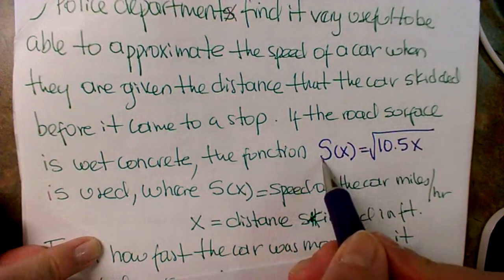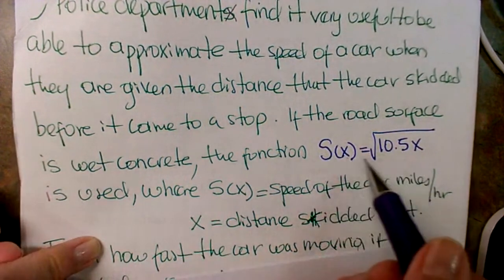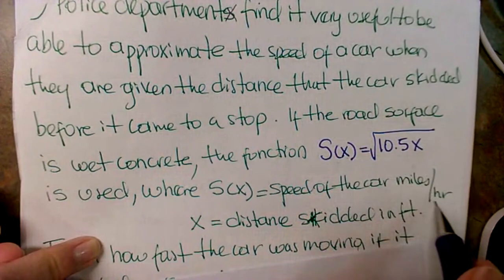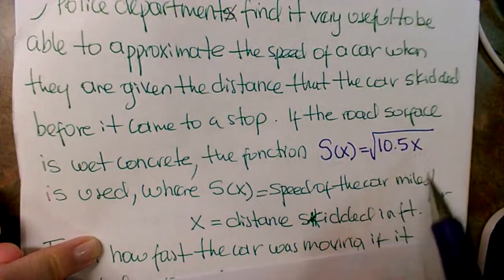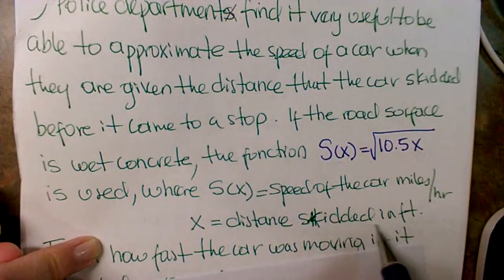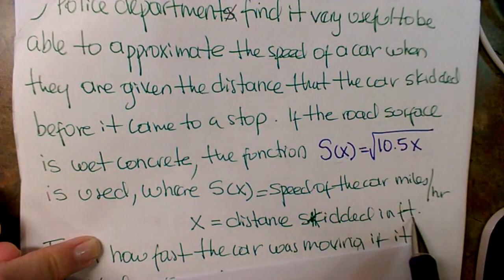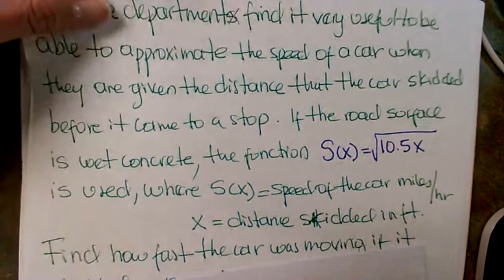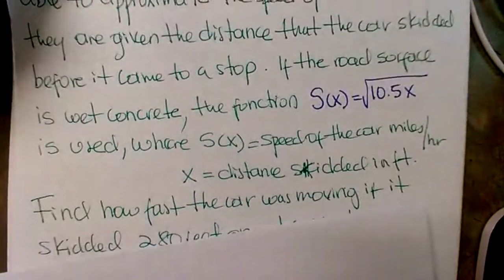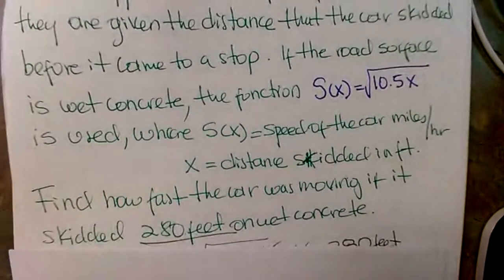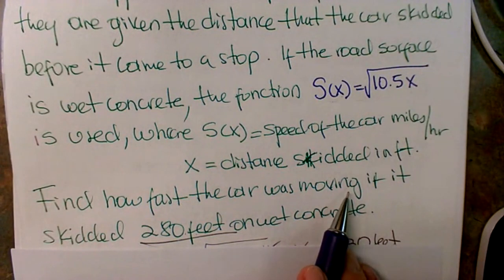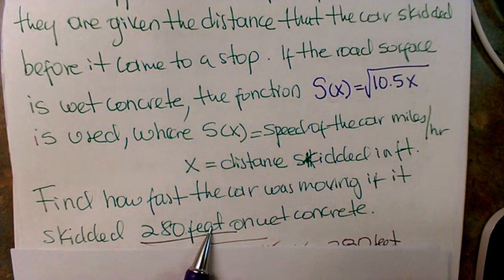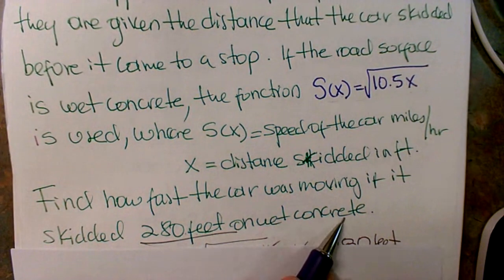Where S of x is the speed of the car in miles per hour, and x is the distance skid in feet. And they want us to find how fast the car was moving if it skid 280 feet on wet concrete.